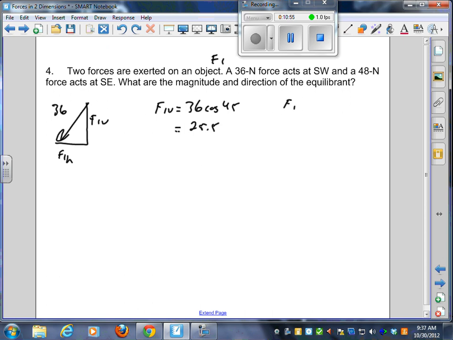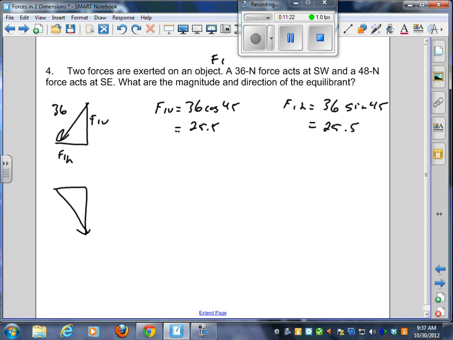And F1 horizontal is going to be 36 sine 45. 25.5. Big surprise. It's a 45-degree angle. The other one is southeast, which would be this way.